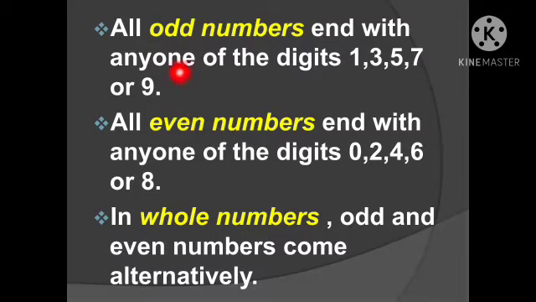Students, it's clear no? Odd numbers end with 1, 3, 5, 7 or 9 and even numbers end with 0, 2, 4, 6 or 8. And the whole numbers alternate between odd and even numbers. If 1 is an odd number, then 2 is an even number. 3 is an odd number, then 4 is an even number.